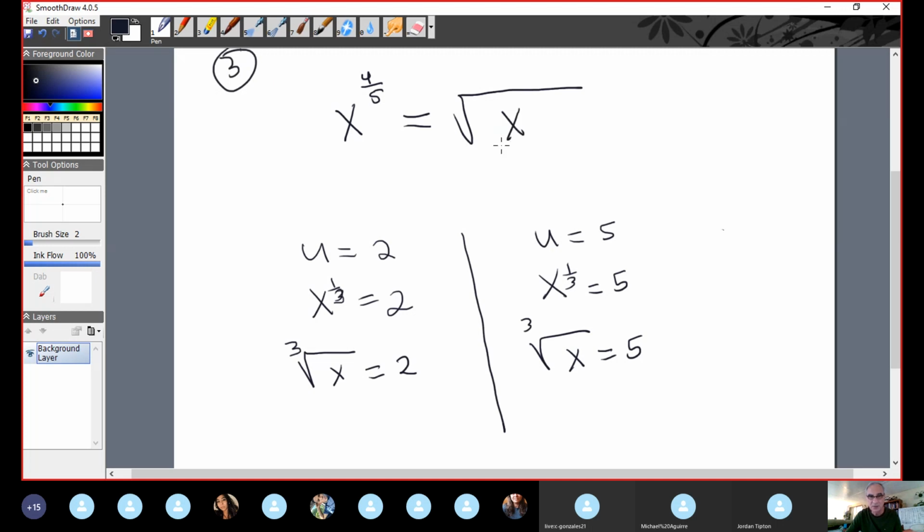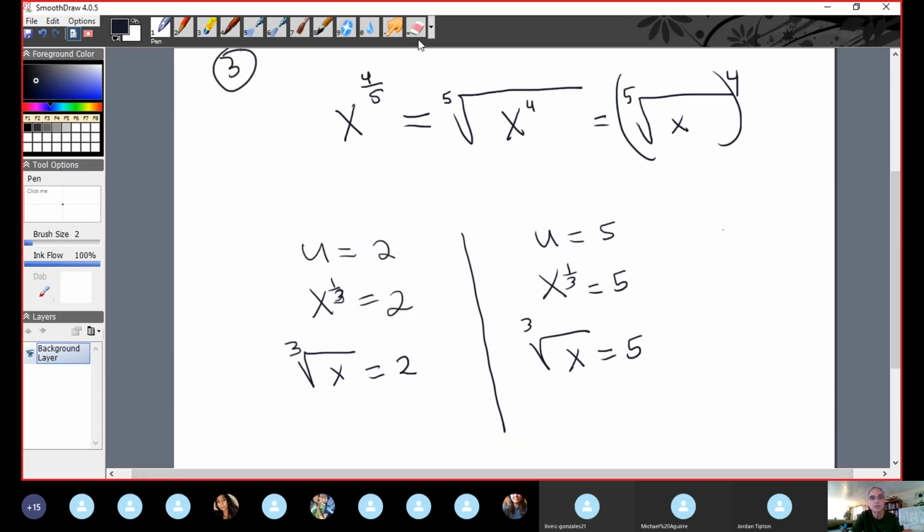The variable is X, the number in the denominator, 5, represents the index of the radical, and the number in the numerator represents the power. You can write it like that, or like that. It is equivalent. In our specific case, it is 1/3. The index is 3, and the exponent is 1, which is invisible. Now you see?